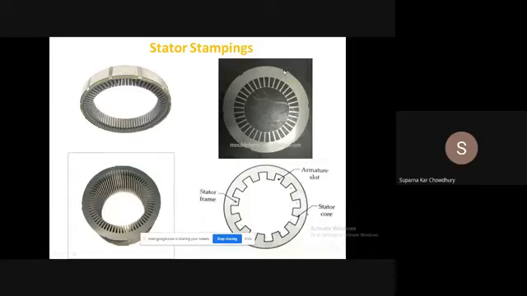This is the stator core, and here you can see these notches, because this is an AC machine, so we will have a frame outside. So these laminations are assembled together to form a structure like this. So there will be a keyhole.